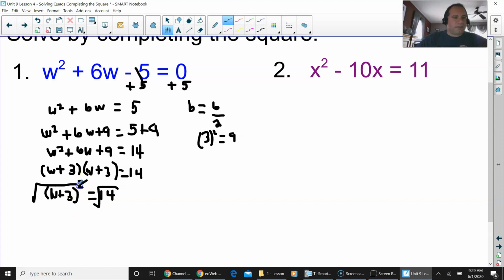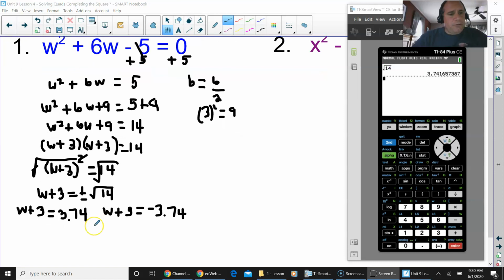The square and the square root are opposites, so just the w plus 3 will come down, and you have plus or minus the square root of 14, because every square root has a positive answer, and it also has that negative answer. So we have w plus 3 equals plus minus square root of 14.